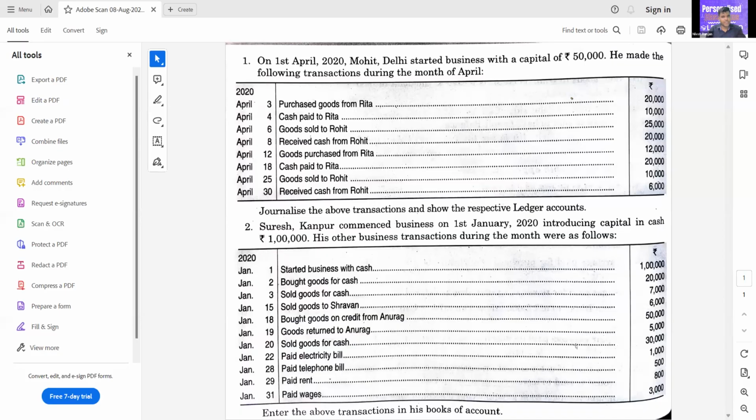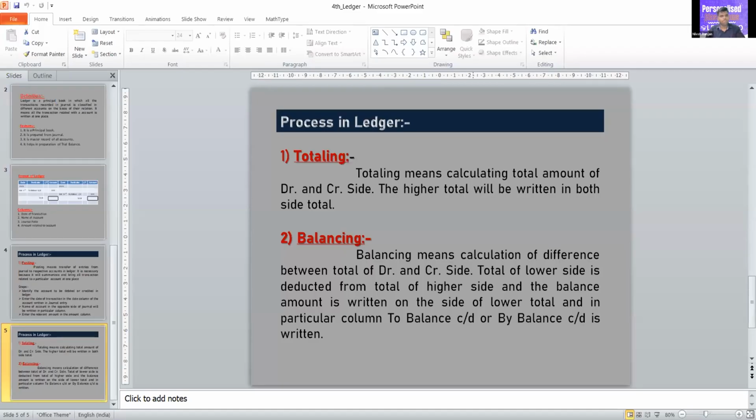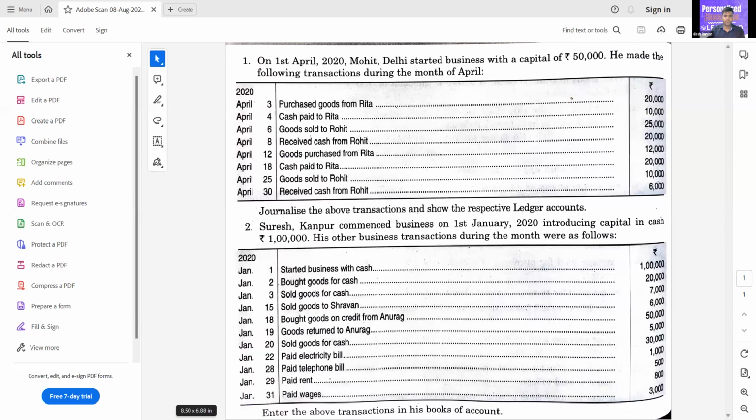So you can pass the journal entry from these transactions. Actually, I will solve the ledger part directly. But in the question, generally it will ask to solve the journal first and then prepare the ledger from it. Okay, sir. So tell me the journal entry.